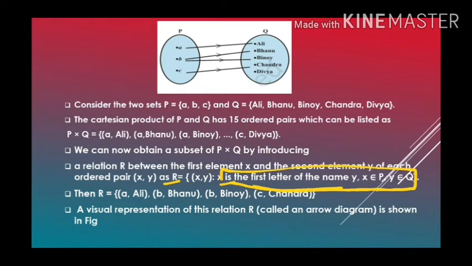It is given that the first element of the ordered pair has to be the first letter of the name Y.